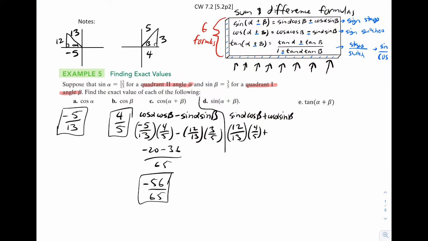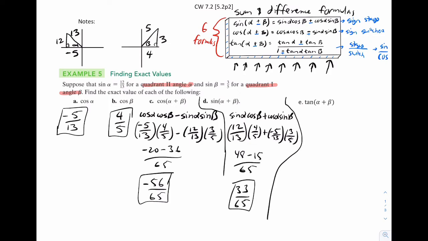Plus cosine alpha, that's negative 5 over 13. And then sine beta is 3 over 5. We multiply, that's 48 minus 15 over 65. That is 33 over 65. We are done.